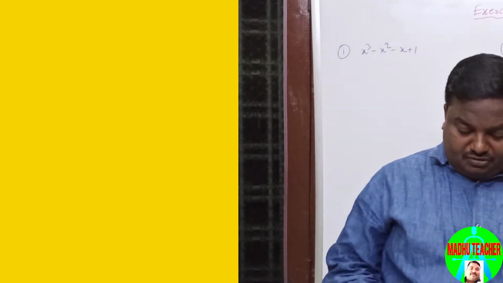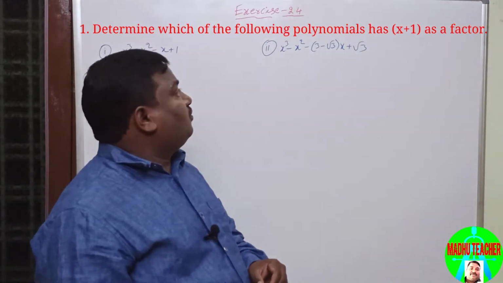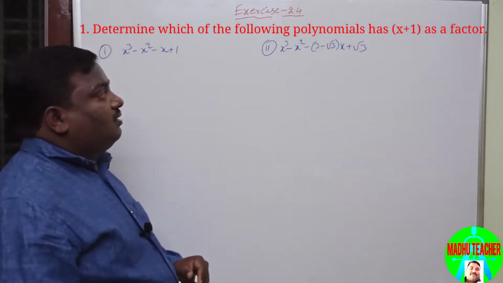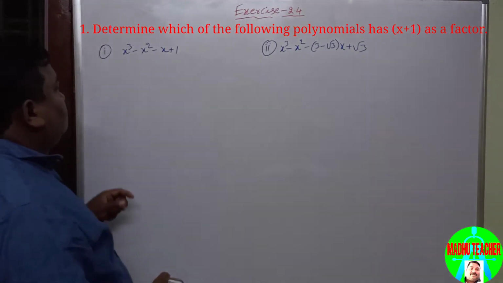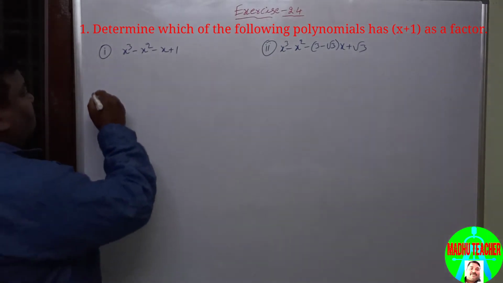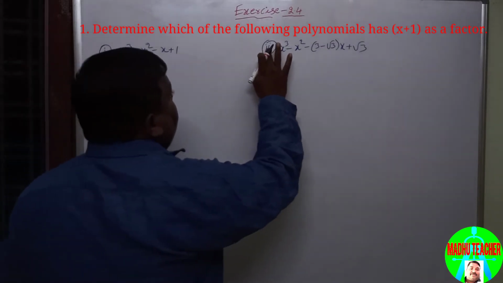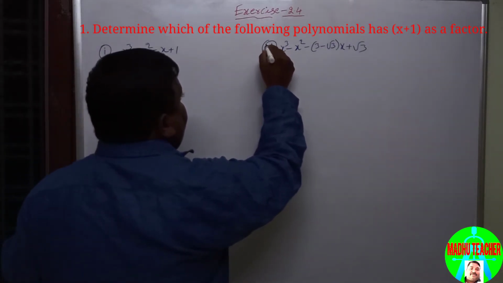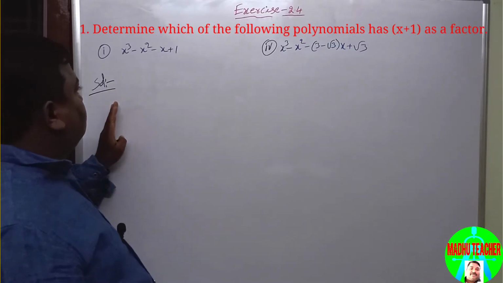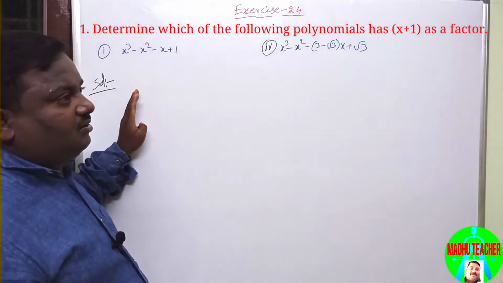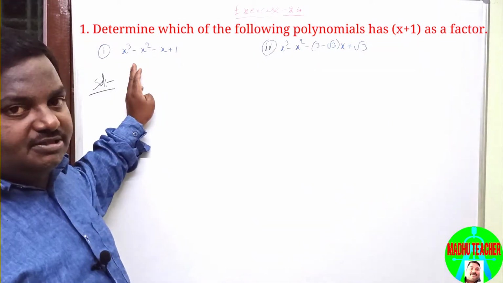Exercise 2.4, the first problem: determine which of the following polynomials has x plus 1 as a factor. Among these problems, I am doing the first and the last, which is the fourth one in our textbook. What you have to do is check whether these polynomials have x plus 1 as a factor.